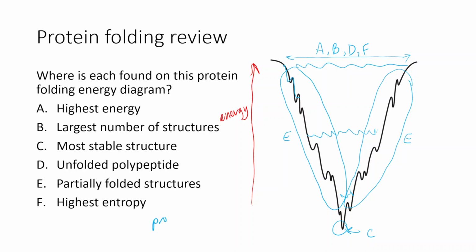Protein folding has a positive delta S, as we recall from chapter 1, I think. But the good thing about protein folding is that it is enthalpically favorable. It has a negative delta H. It's exothermic.